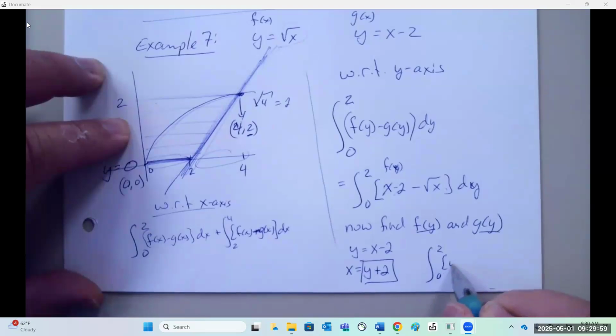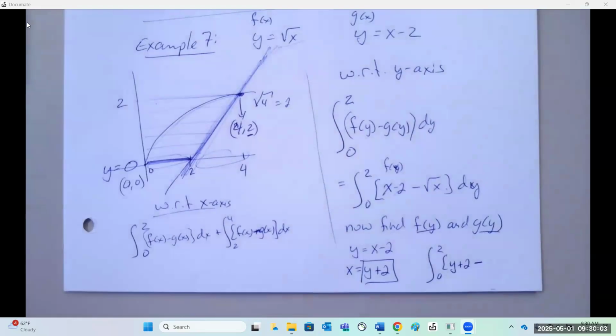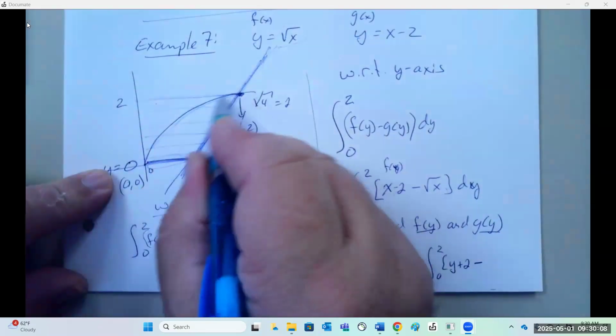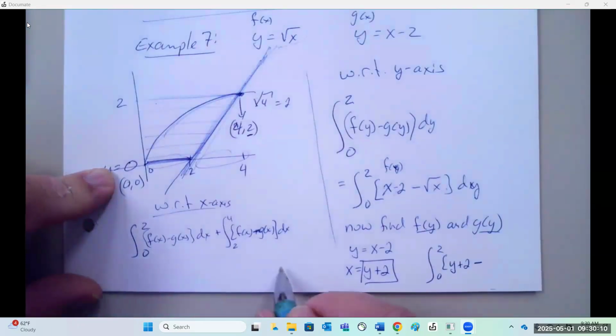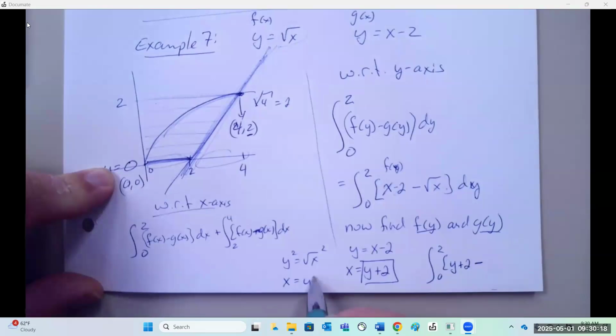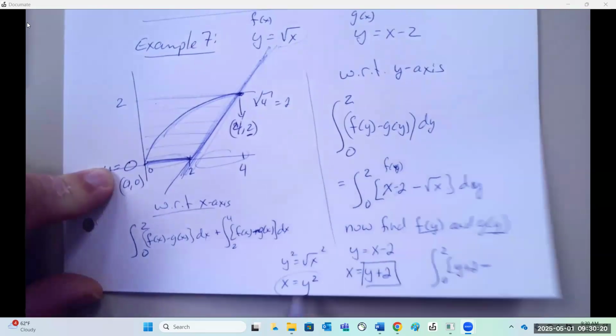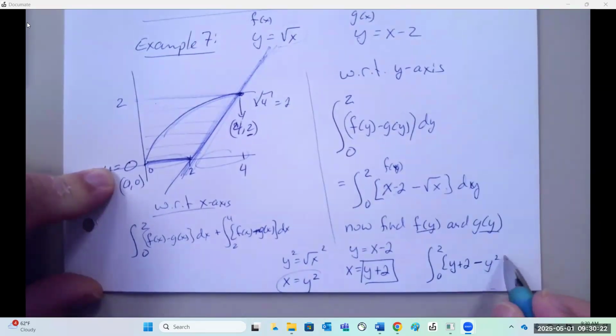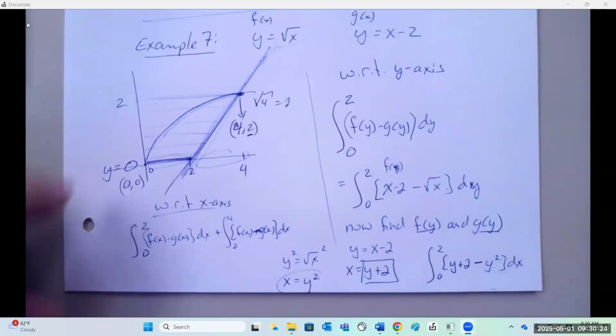So it's going to be y plus 2 minus, what's this graph? That one is y equals square root of x. Solve for x, square both sides. So x equals y squared. And there we have it.